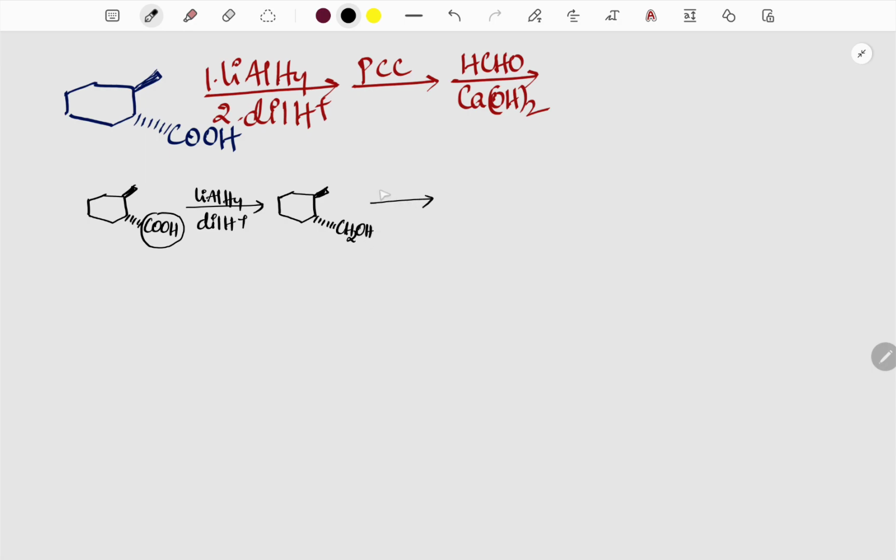Now this primary alcohol is treated with PCC, pyridinium chlorochromate. Now this primary alcohol undergoes oxidation and gives the corresponding aldehyde.